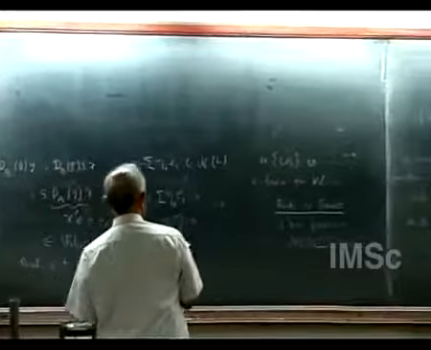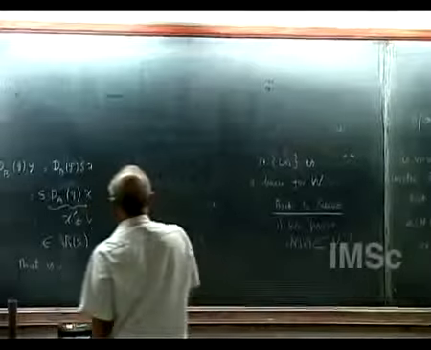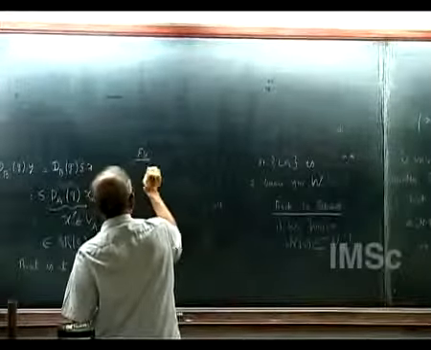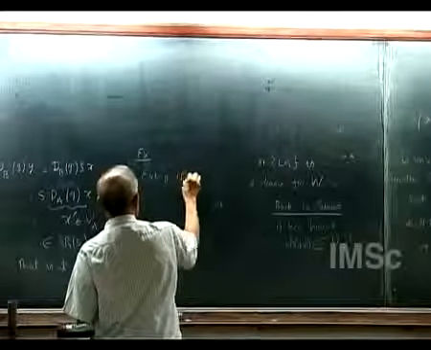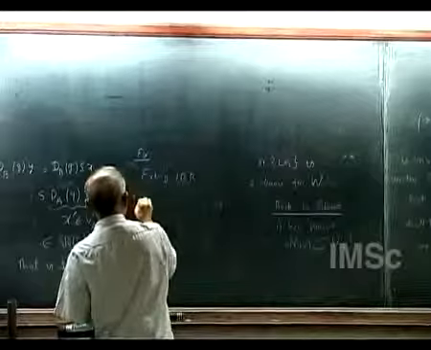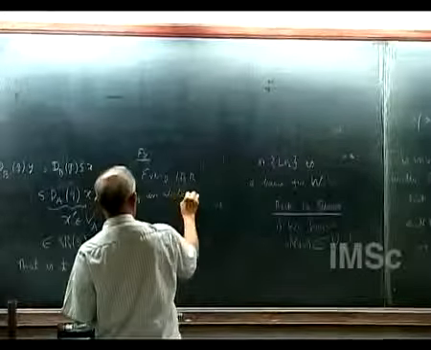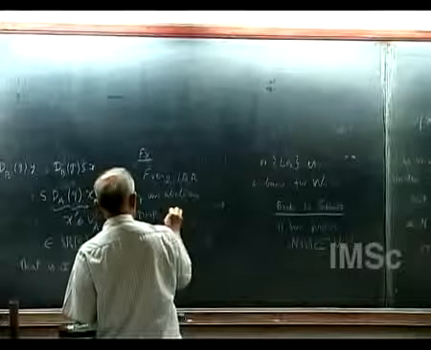So, I want to show you an example. Every irreducible representation of an abelian group is one dimensional.